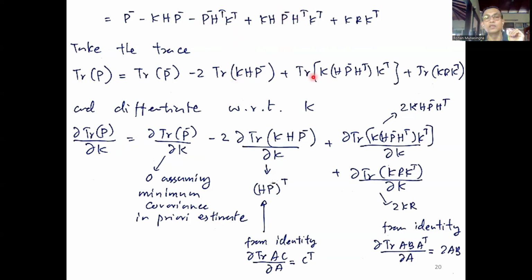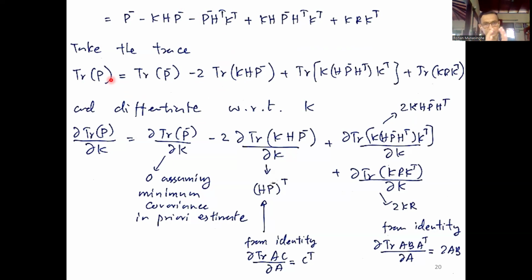And the third one, trace of this one plus trace of K R K transpose. The second element and third element have the same value. So that's why we put minus 2 times. And this is the size of the covariance matrix, the sum of all the diagonal elements.